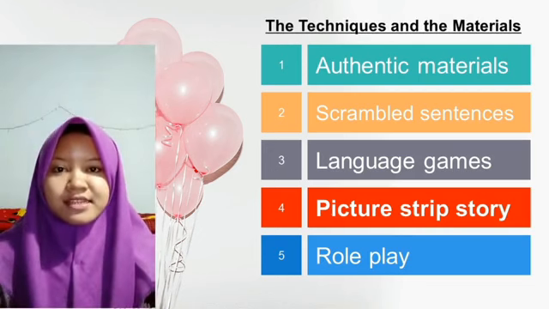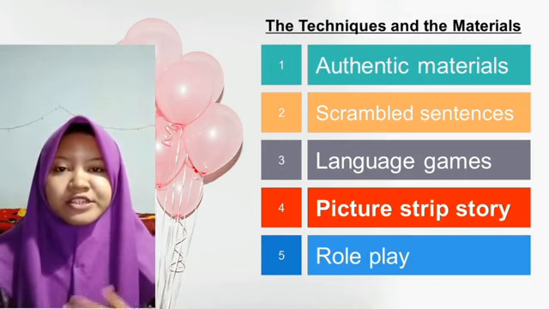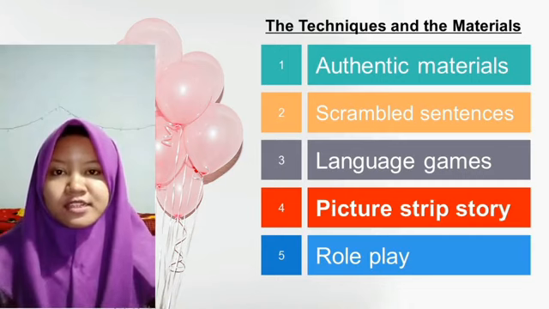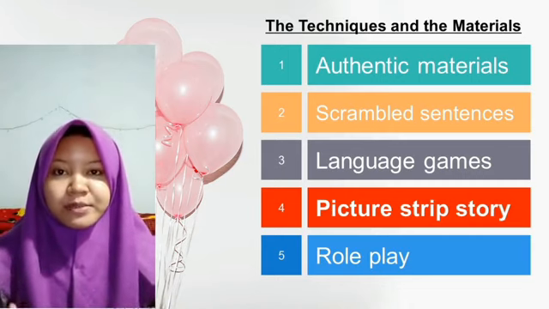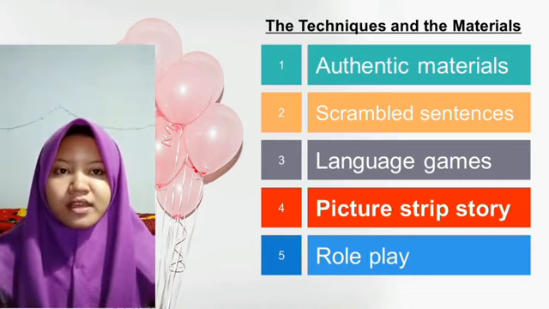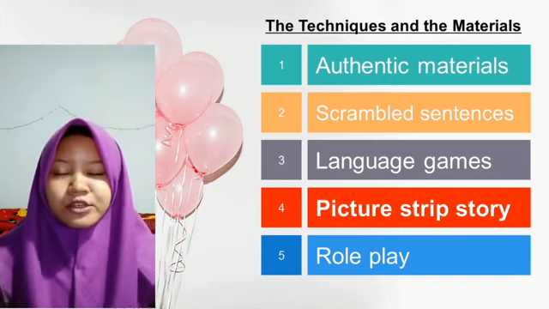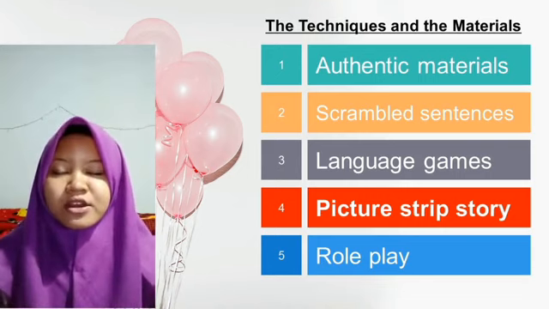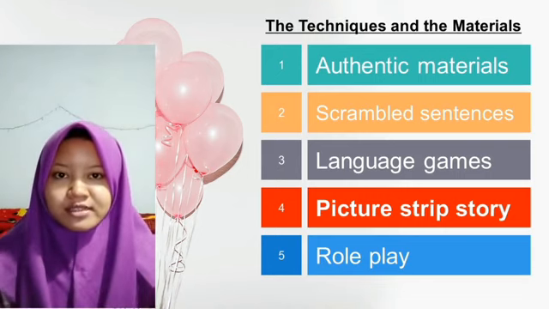So the last is the techniques and the materials of CLT. The first is the authentic materials. In this lesson, the teacher uses a real newspaper article. The teacher also assigns the students homework, requiring that they listen to a live radio or television broadcast.